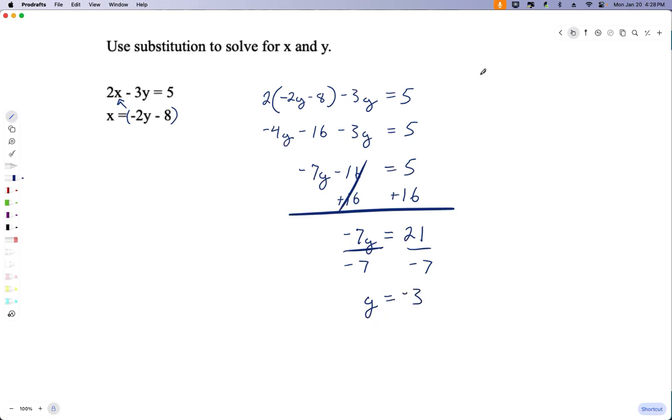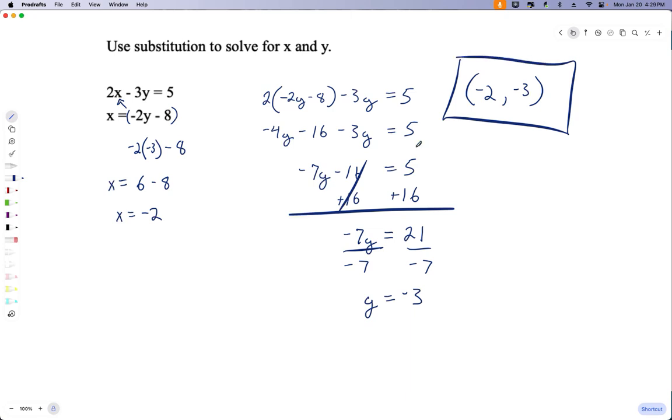So I'm going to put negative 3 as my y value, and now substitute it in up here. x is equal to negative 2 times negative 3, the value of y, minus 8. Negative 2 times negative 3 is a positive 6, minus 8. X is equal to negative 2. So this should be your answer. That's how you should type that in.